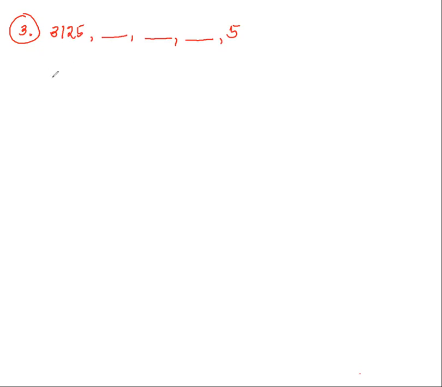So we will use the formula. A sub n is equal to first term times r raised to n minus 1. This is the nth term of a geometric sequence.